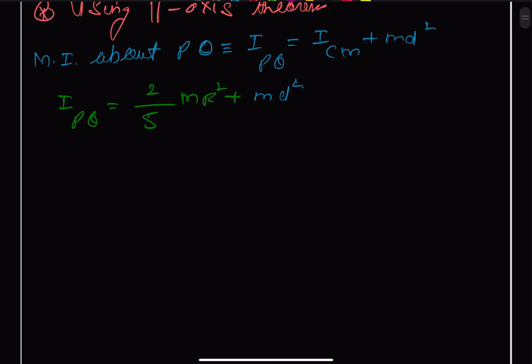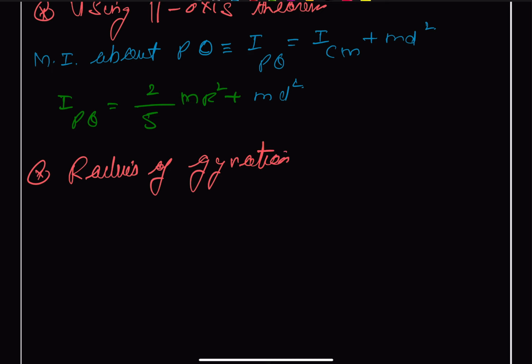Therefore, for the radius of gyration, we can write that MK square will be equal to the moment of inertia about axis PQ.